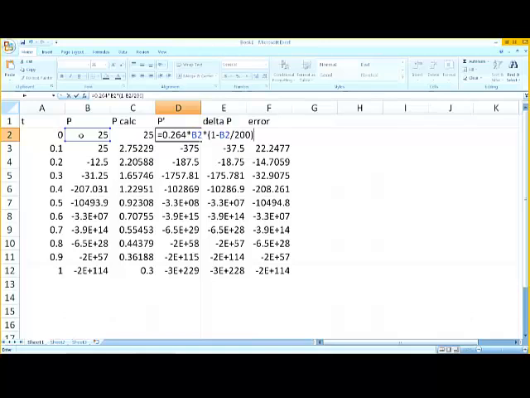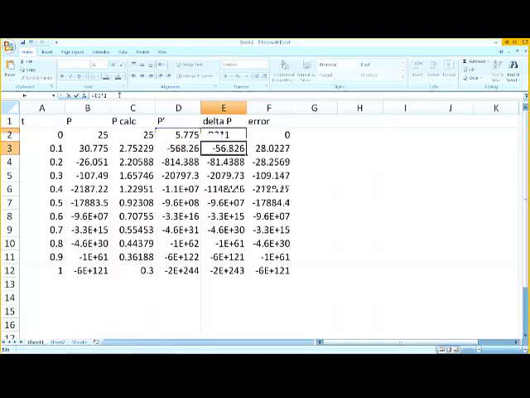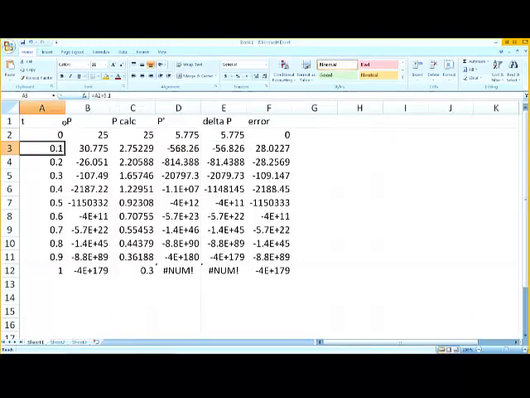Okay, so that should be good, right? So p prime is that, delta p is, in this case, we're changing the delta to 1. And we're going to change this equation so it's 1 instead of 0.1.